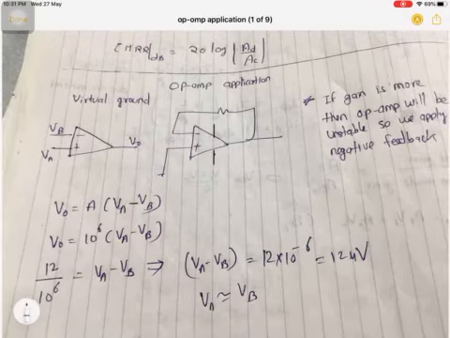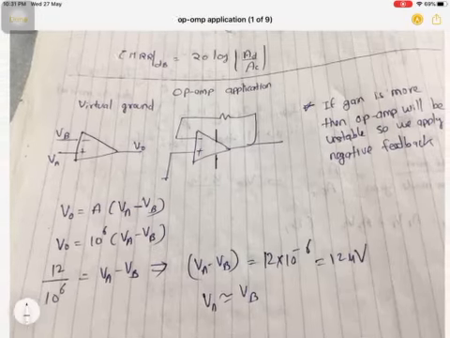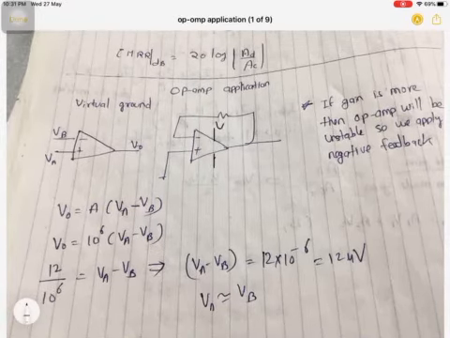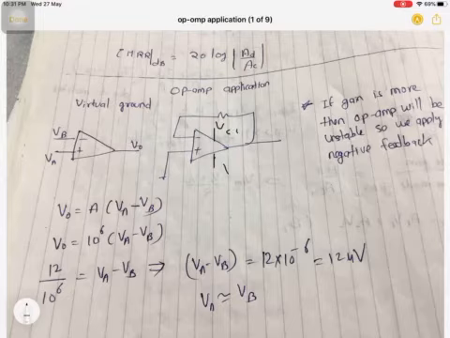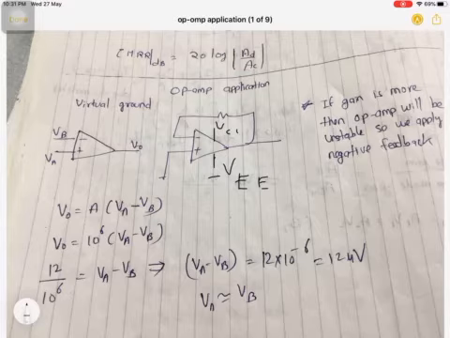This is VCC and this is VEE. Obviously this is minus VEE and this is plus VCC. If we have an op-amp whose power supply is plus VCC and minus VEE, then the maximum possible output of the op-amp on the positive side is plus VCC.